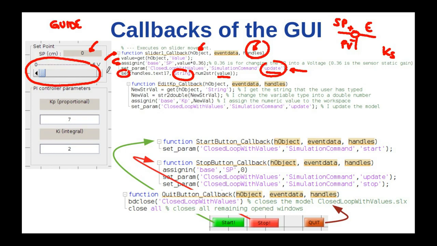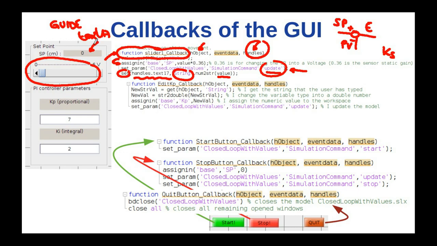And pay attention that the tag name of this static text is text17. So that's why I use handles.text17, because handles is the other input argument that is so interesting if we want to get or set some value of a property of a different object than the object we are dealing with in this function.